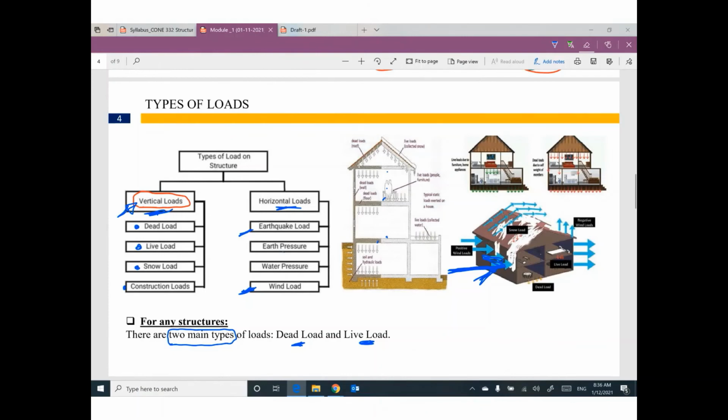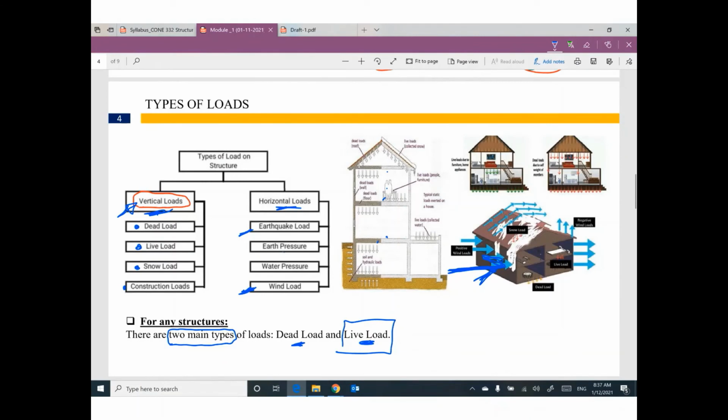You can move all furniture in a second, in a moment, in a minute, in 1 hour. You can move all of this stuff. That's right. If you can move the load, this load can be called live load. If the load is movable, this load can be called live load. We can change the position. We can change the location.